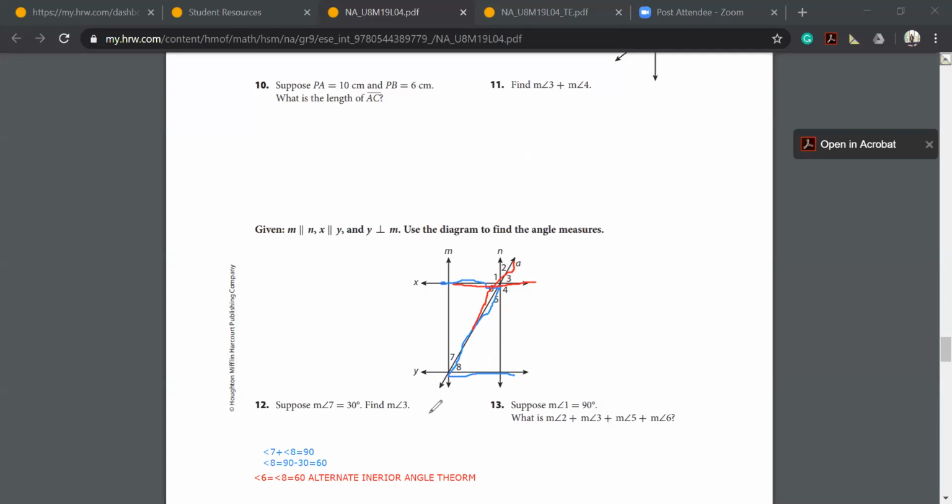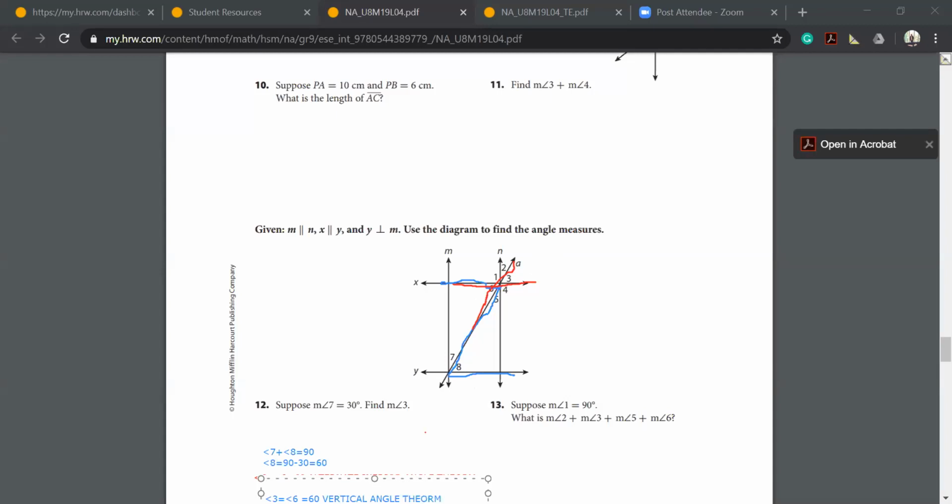So this is a relation of what? Alternate interior angle, vertically opposite angle, sorry. This is the relation of vertically opposite angles, right? So we can write in here that measure angle 3 will be equal to angle 6 equal to 60 degrees using the vertical angle theorem.